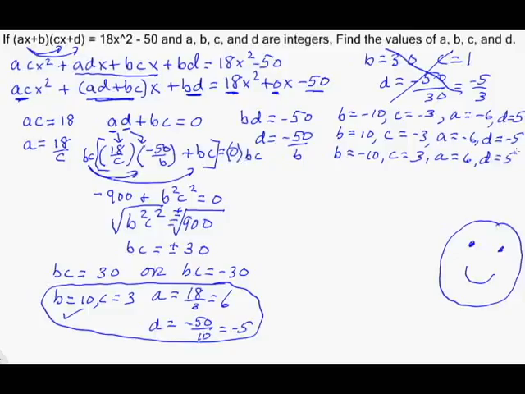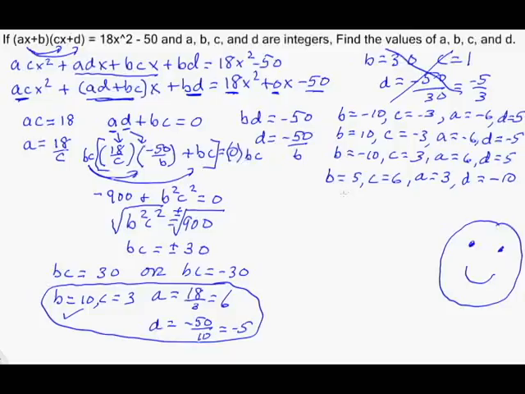So there are 4 solutions, but what if you decide upon B is equal to 5 and C is equal to 6, because 5 times 6 gives you 30? Well, if that's the case, then A would have to be 18 over 6, which is 3, and D would have to be negative 50 over 5, which is negative 10.